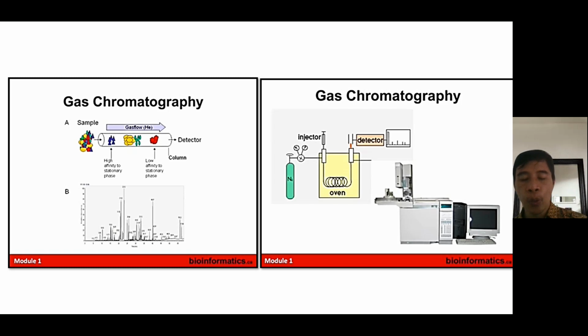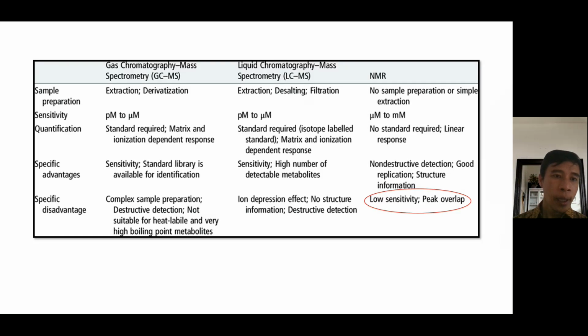The detector will work to quantify and also to detect the spectra and at the same time to define the characteristics of your samples. Then using software, you can obtain the characteristics and also the probable relative concentrations of your metabolites.